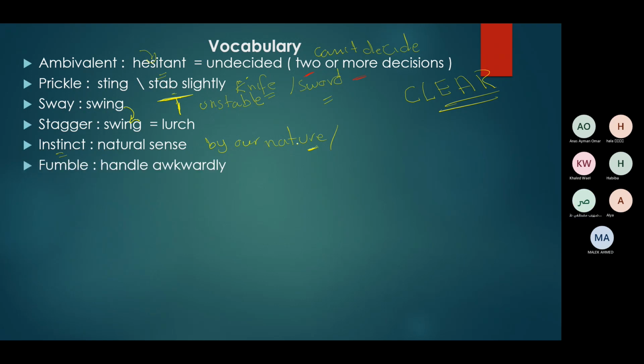Fumble means to handle awkwardly. When you deal with something in an unsuitable way, or in a wrong way, it means you handle it awkwardly.